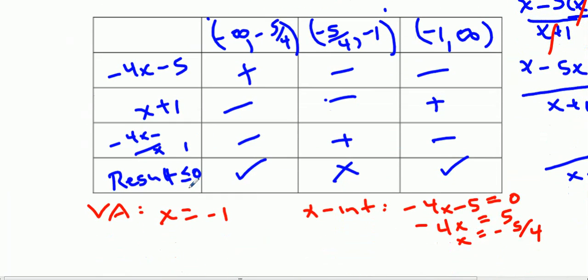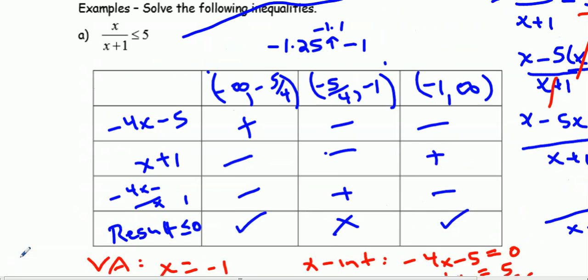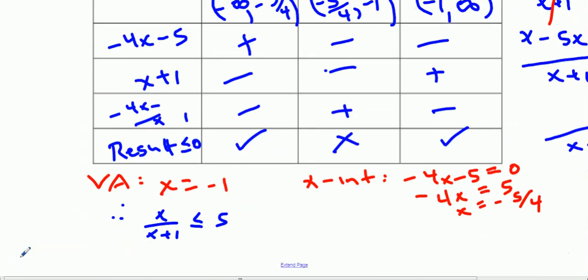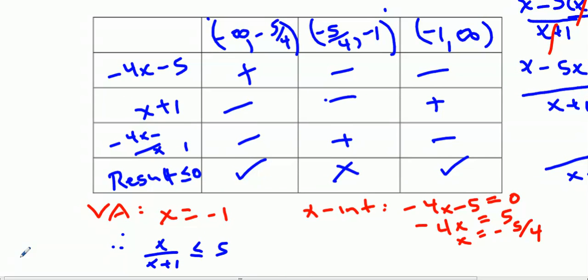We would have that, therefore, x over x plus 1 is less than or equal to 5. Now consider, just make sure that's right, yeah. Now consider the intervals that we have, which are from when x is an element of negative infinity to negative 5/4, and we want this one as well, negative 1 to infinity.